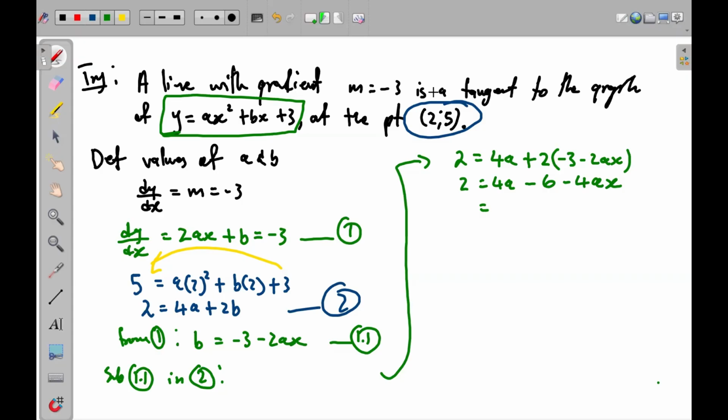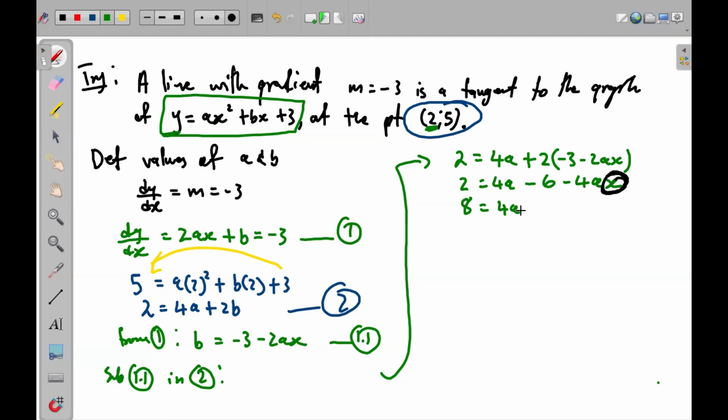So guys, I should have done this earlier, but it's not a train smash to do it now, okay? Remember, this gradient of -3 happens when x is actually 2. So I just forgot to substitute x equals 2. I'm noticing that now that I have to solve for a.